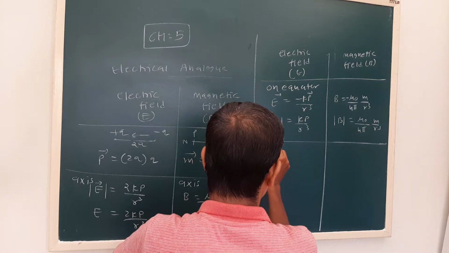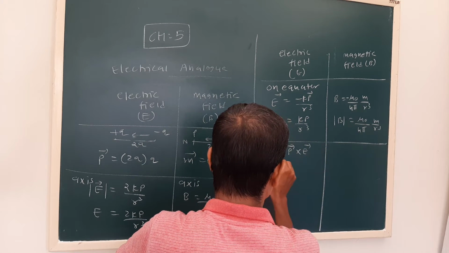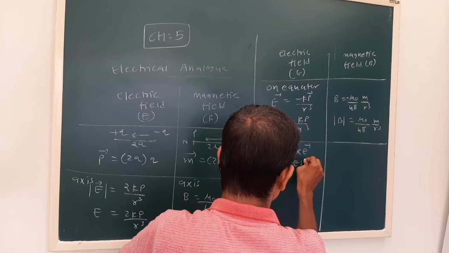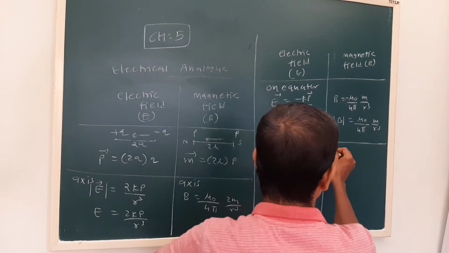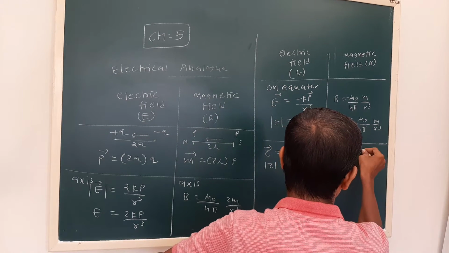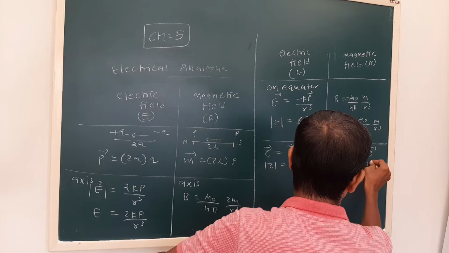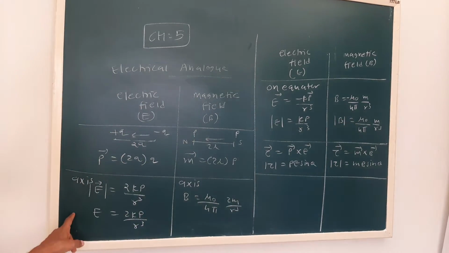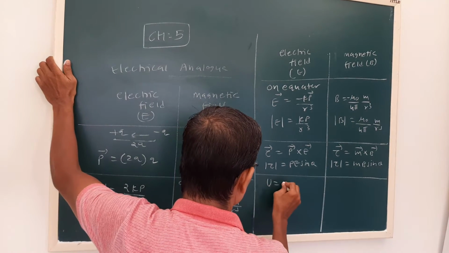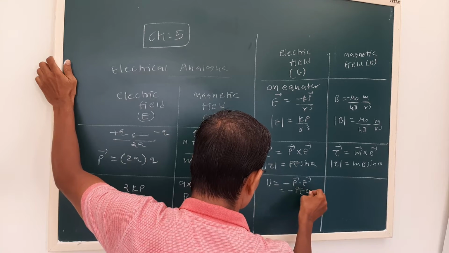Now in the first lesson we derived the equation for torque acting on an electric dipole placed in an electric field. The torque was p cross E. The magnitude is pE sin theta. Now here also we derived the formula: torque is equal to m cross B. Now see, the potential energy of an electric dipole U is equal to minus p dot E, that is minus pE cos theta.